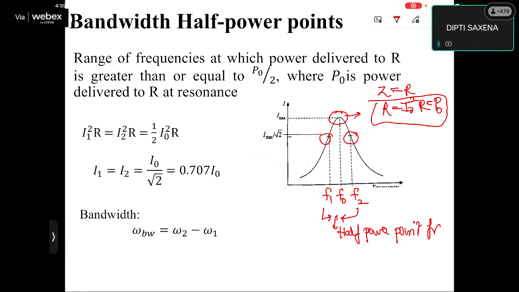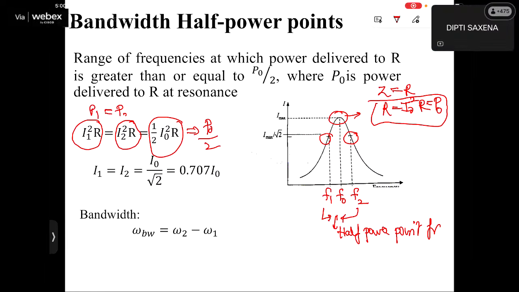That is, at frequency F1, the power delivered to R will be I1 square R. At frequency F2, the power delivered to R will be I2 square into R. And this power will be half of the power delivered to R at resonance. Now, looking at the expression, if P1 is equal to P2 is equal to P0 by 2, this means I1 should be equal to I2 is equal to I0 by root 2.